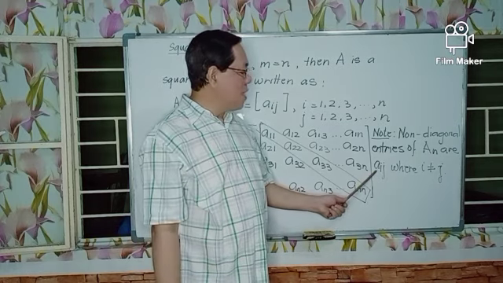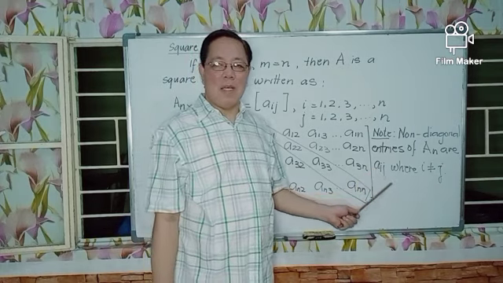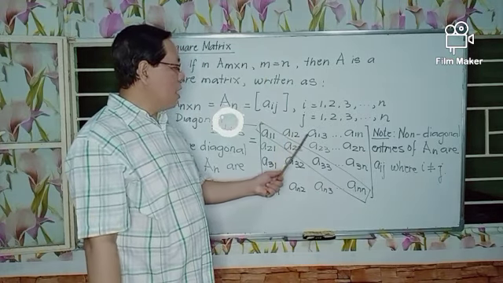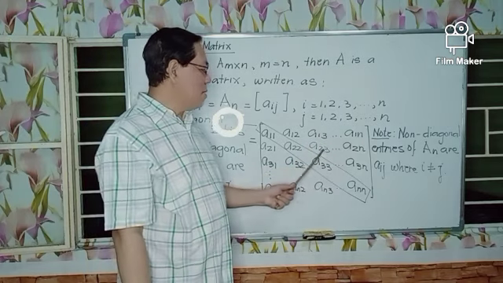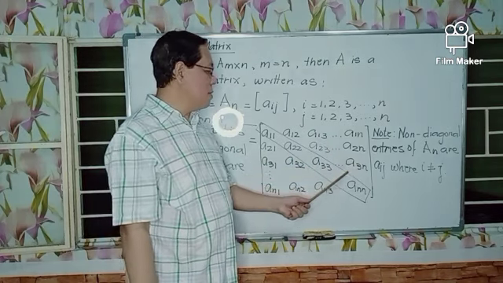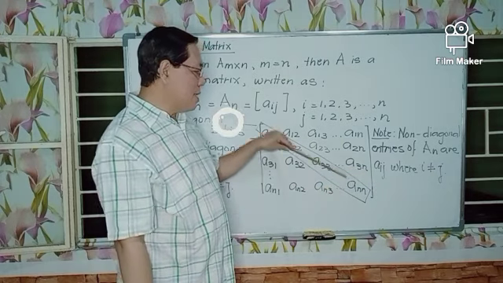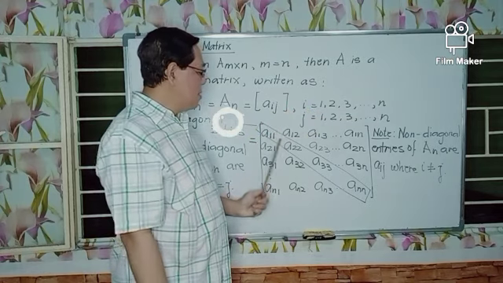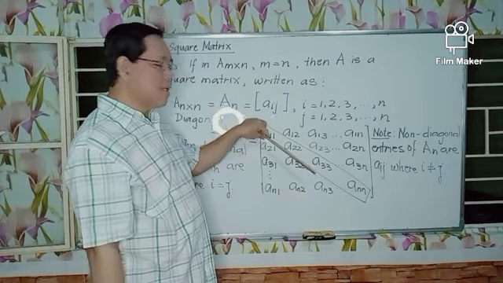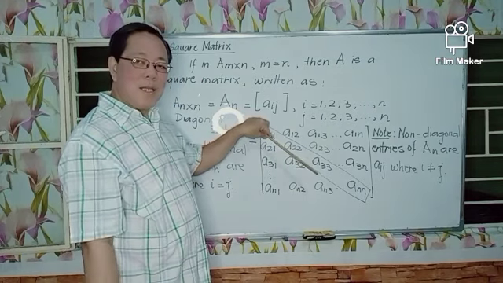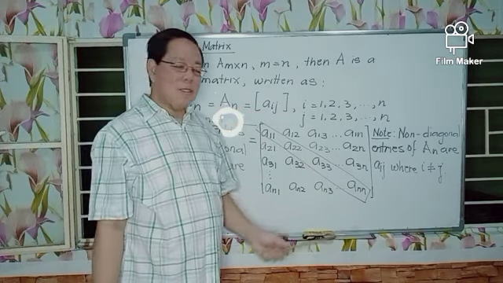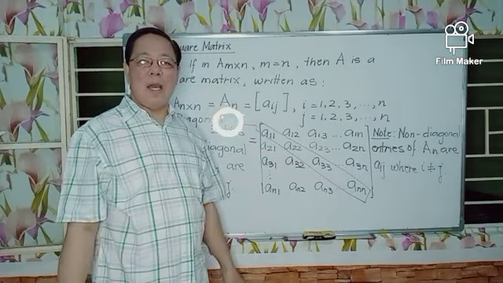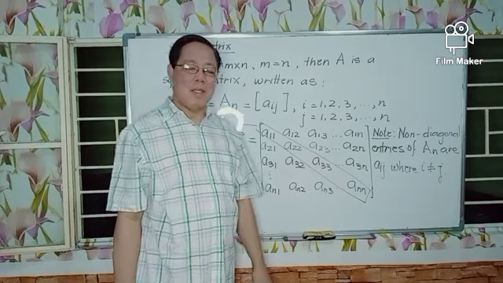And these are the entries a12, a13 up to a1n, a23, a2n. The non-diagonal entries are the entries above and the entries below the diagonal entries.